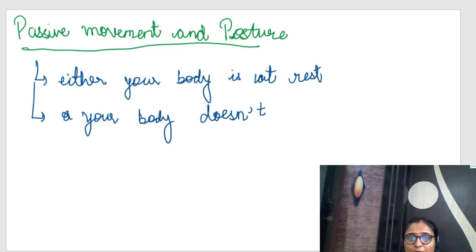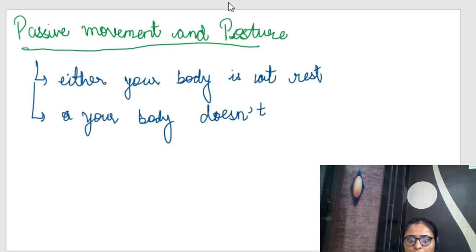For example, in the case of a stroke, half of the body is paralyzed, so the patient is not able to move his body voluntarily even if he wants to. Then a passive movement will be performed. So that state of position in which your passive movement is performed, that is your passive movement and posture, because the body is in the state of position, that is your posture.